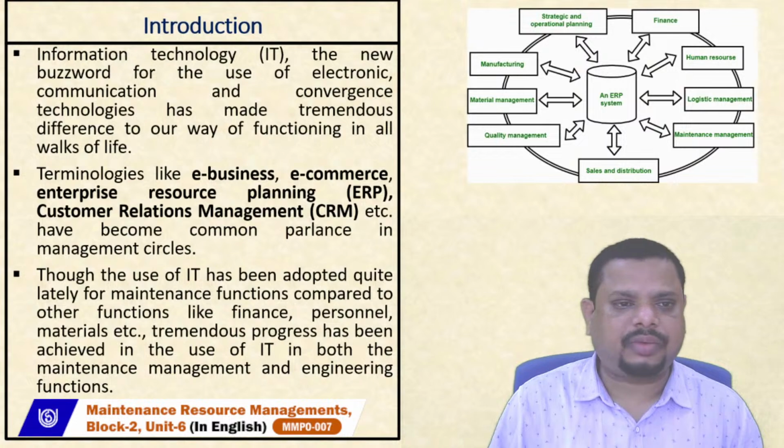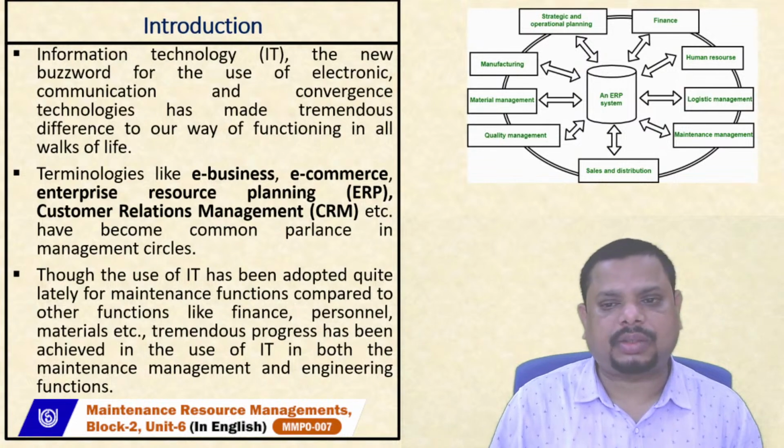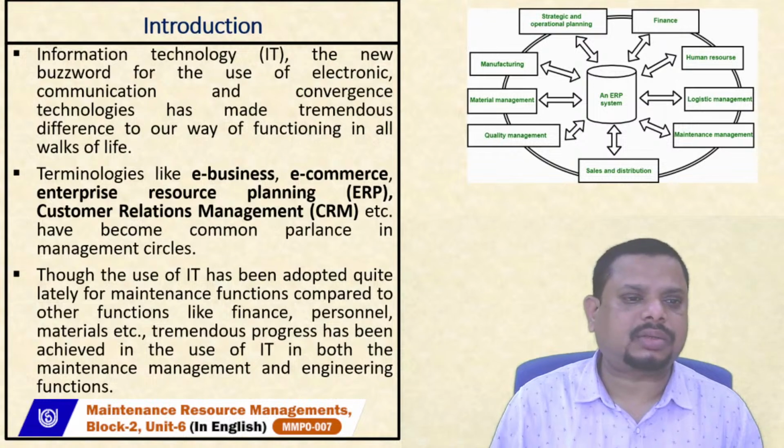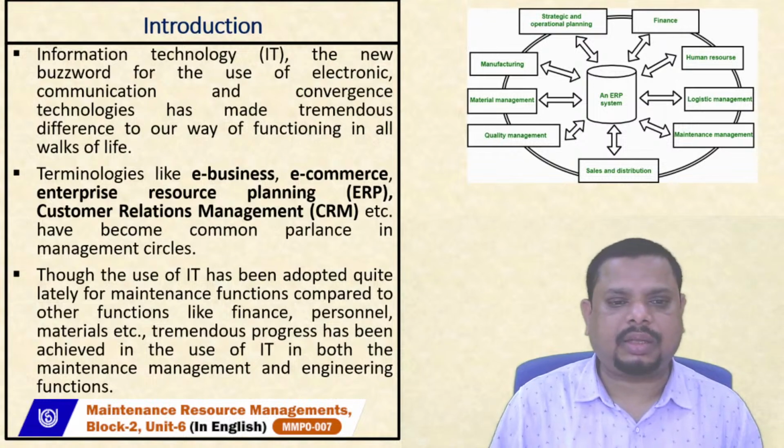These are also helpful in the implementation or enabling of a maintenance management system in a particular organization. That is why technologies like e-business, e-commerce, ERP software, or enterprise resource planning, and customer relationship management, shortly known as CRM, have become common parlance in management service.